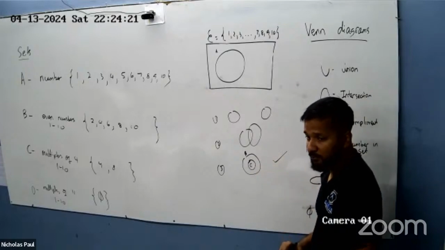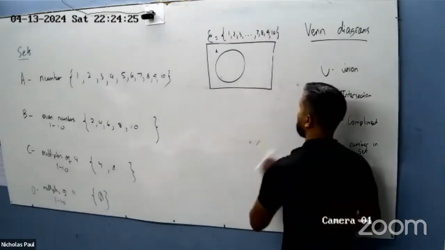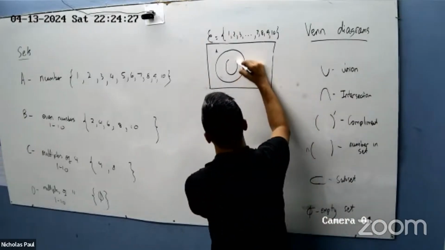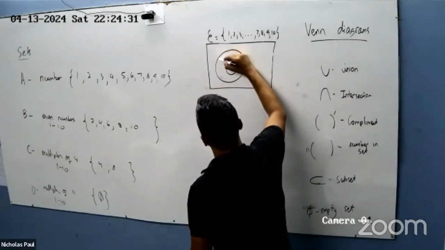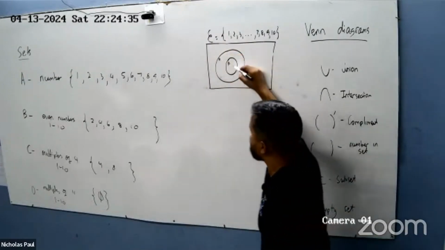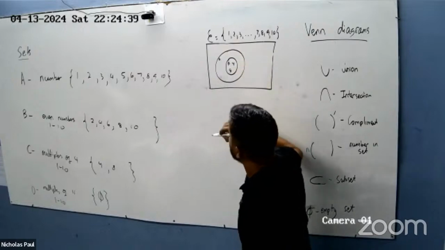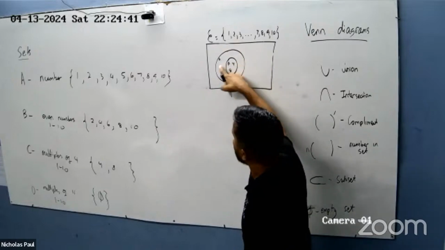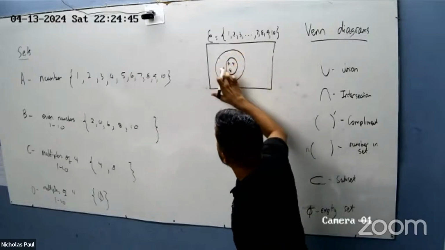So we would draw B in here, and A in here, and then we list it out. C is what? 4 and 8. So here's 4, here's 8. Sorry, I used the wrong letters.